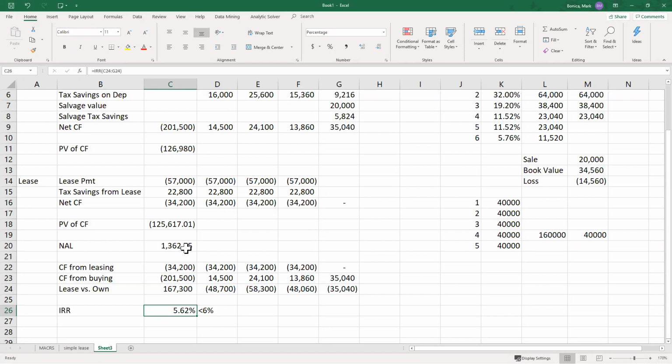And if you have an investment that has an IRR that's greater than the discount rate, you will always have a positive NPV. In this case, if you have an IRR that's less than the discount rate, you will always have a positive NAL. So that's the last little tweak to this understanding.